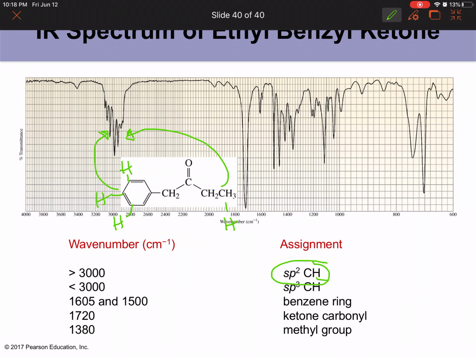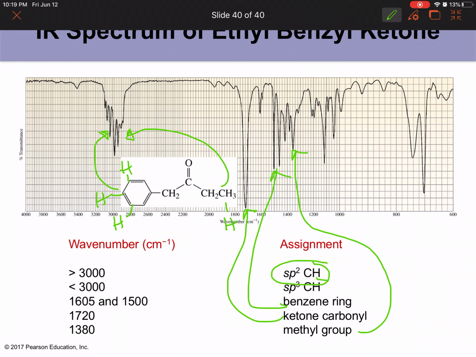and then the benzene ring appears around 1600 to 1500. These peaks, that's going to be the benzene ring. And then the ketone carbonyl group is this peak right there, and then the methyl group at 1380, somewhere here.